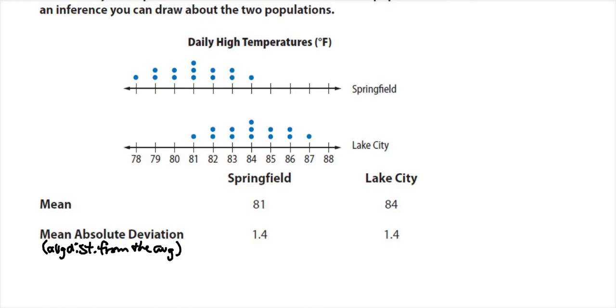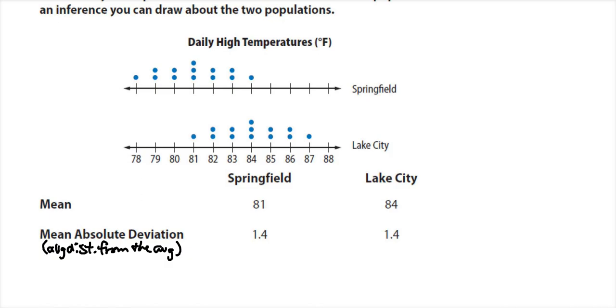For Springfield, they took 81 minus 78, 81 minus 79, 81 minus 79, 81 minus 80, 81 minus 80, and so on. They took the difference of all of those, and then they averaged that together. Each one was approximately 1.4 away from the average. That's how they found that, in case you forgot how to find those.